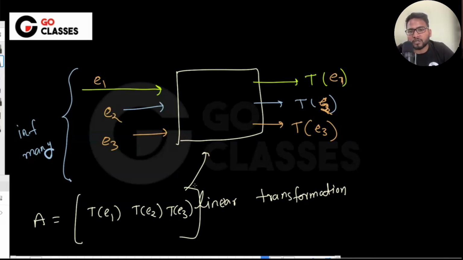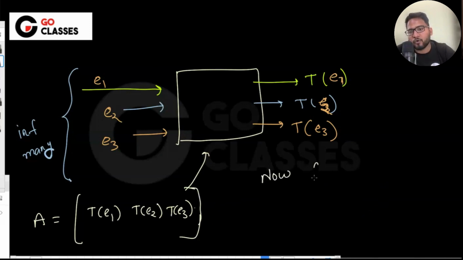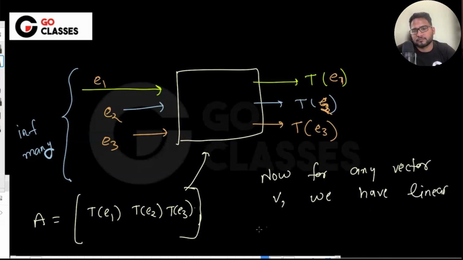So if you know the linear transformation of the basis vectors, then you know the linear transformation in its entirety, right? So which means now for any vector v, we have the linear transformation. And what is that linear transformation?